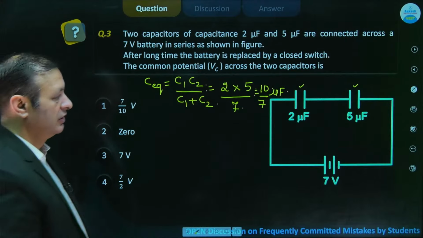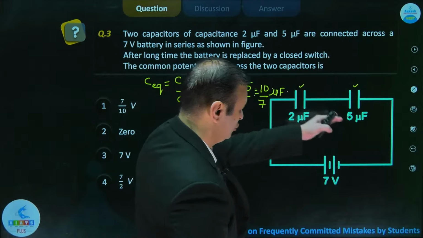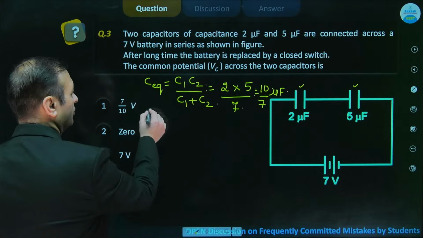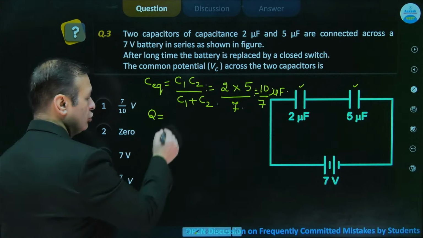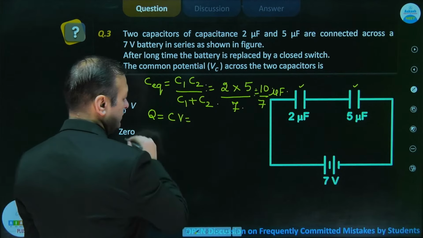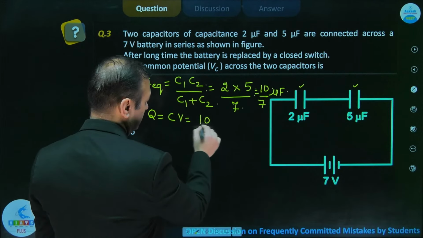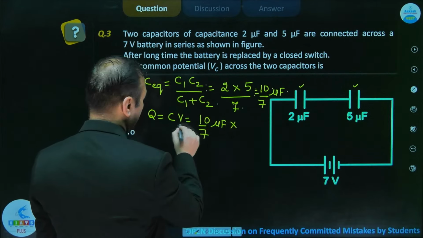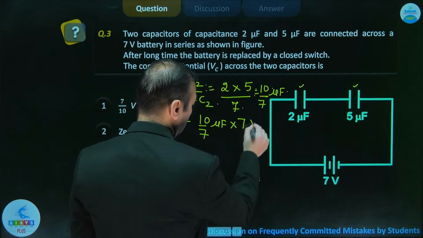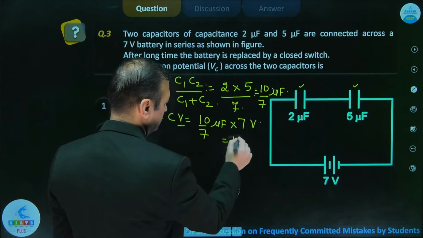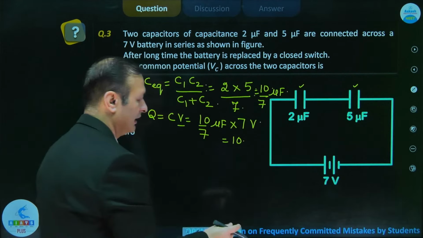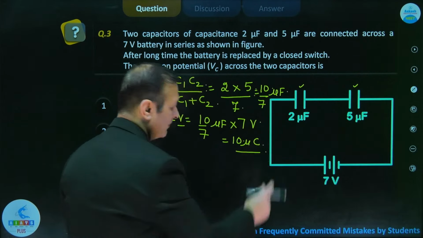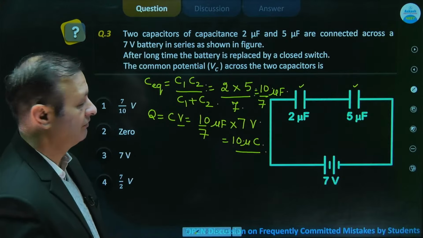Now, what is the charge stored when you have the equivalent capacitance? Using Q is equal to CV. So what is C? Equivalent C. And what is V? Applied V is 7 volt. So that becomes 10 micro coulomb. So this is the charge we have.